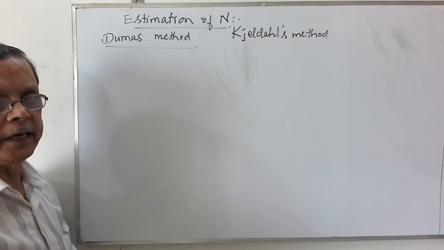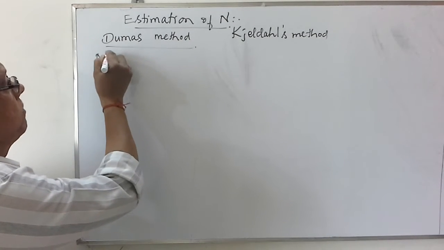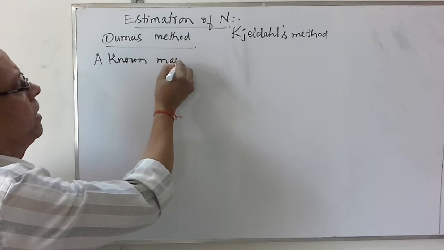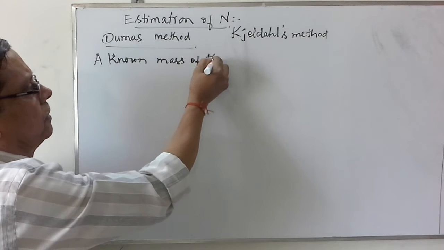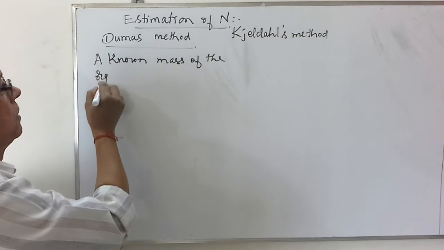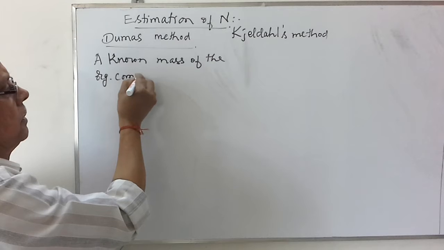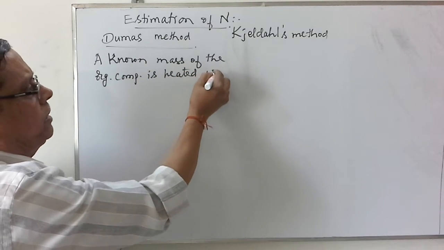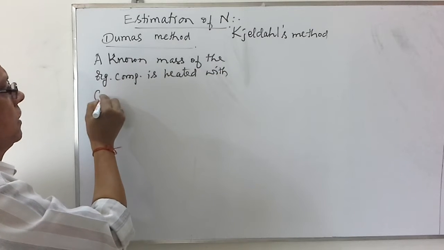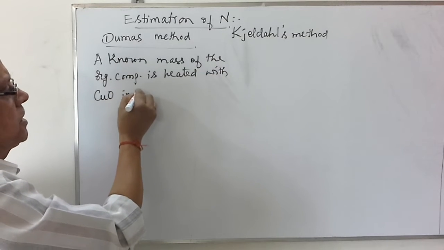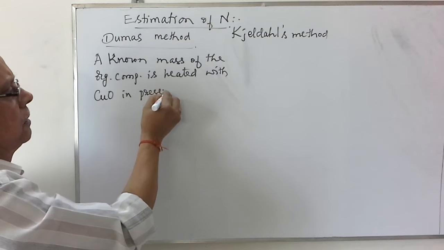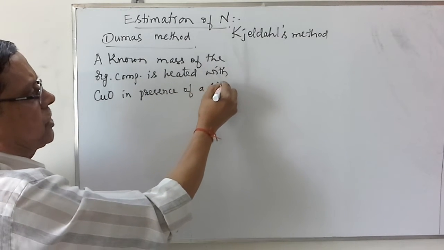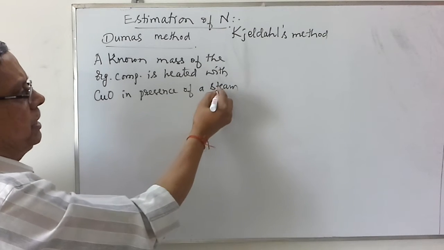In this Dumas method, a known mass of the organic compound is heated with cupric oxide in presence of a stream of air.